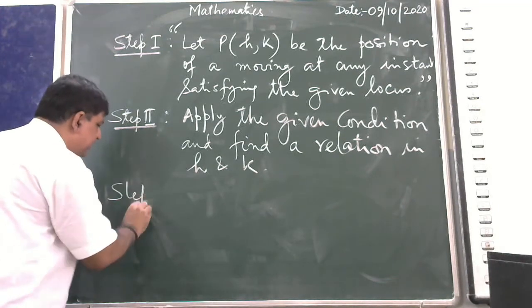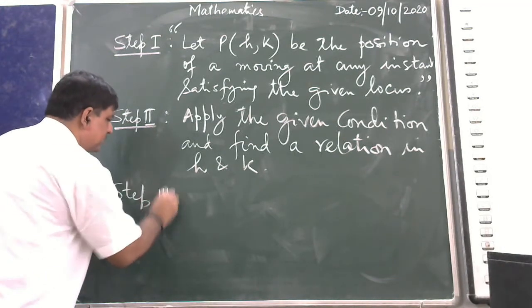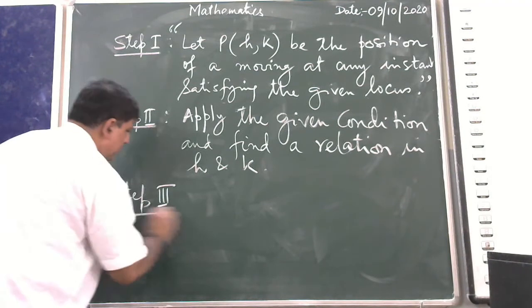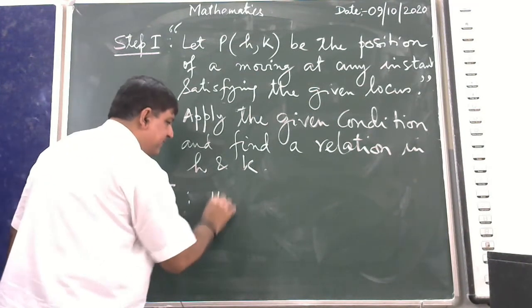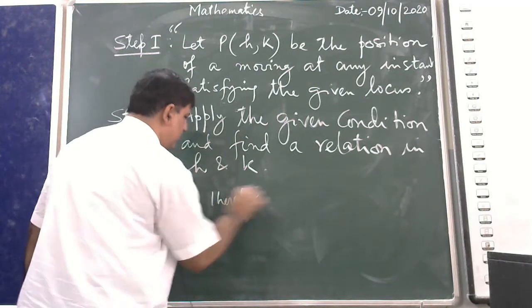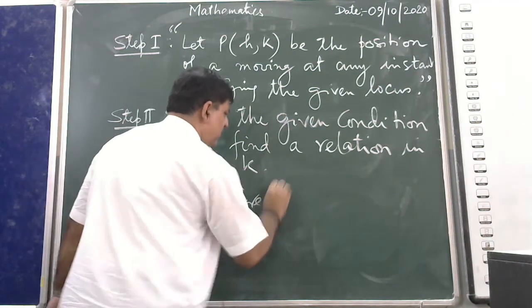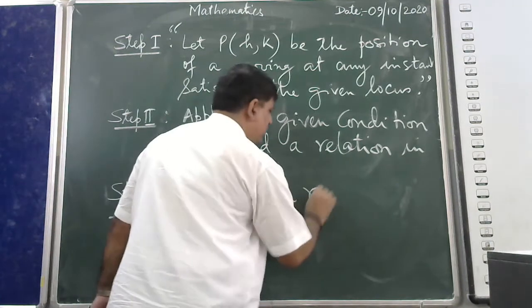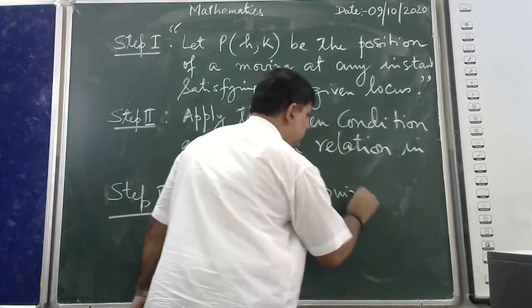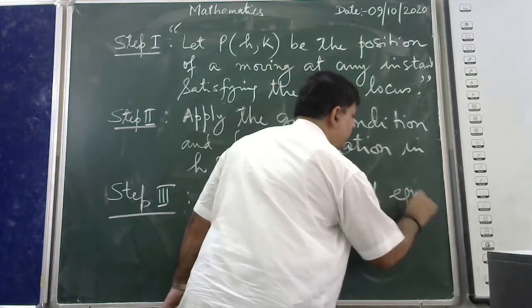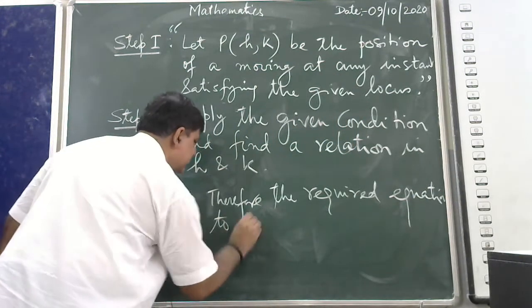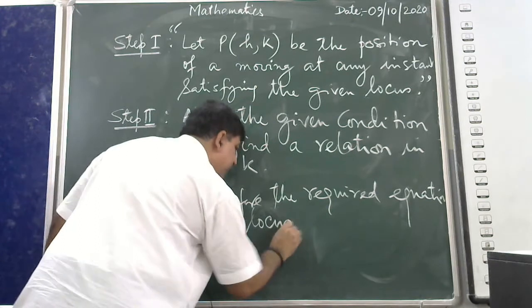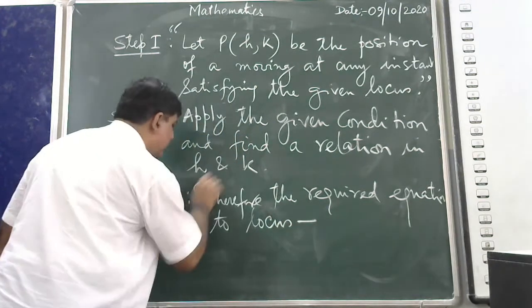Step 3. This is the general step. Now, therefore, you can write, the required equation to the locus. Remember it. This line you have to write for all the problems.